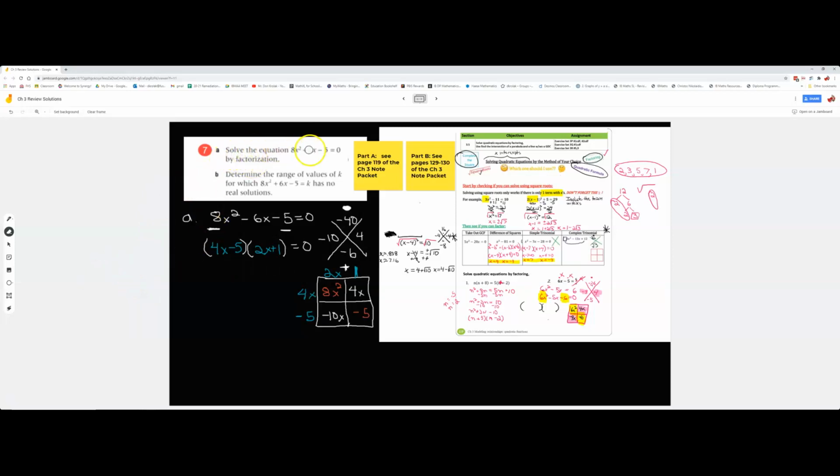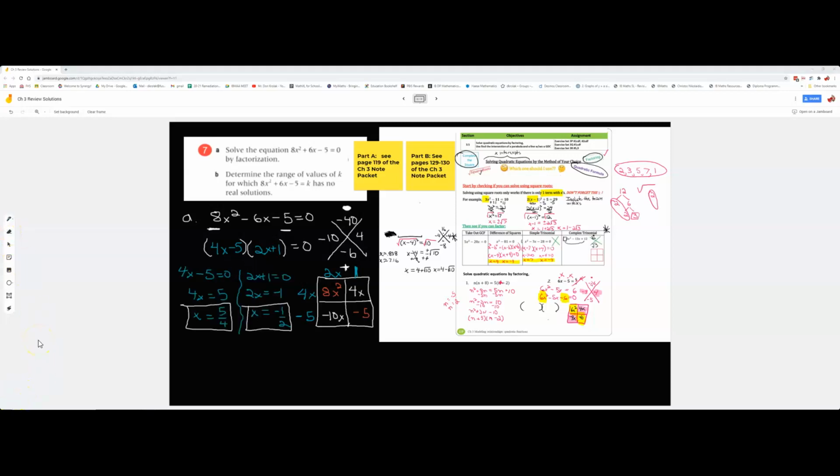Now, to solve it, we take each one of these factors, set them equal to 0, and solve for x. So I'm going to have 4x minus 5, and see what makes that 0. And then I'm going to do the 2x plus 1 and see what makes that 0.